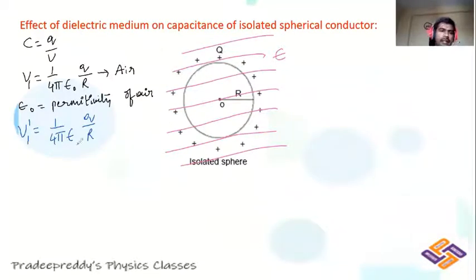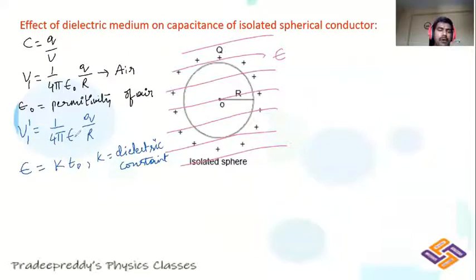Now, clearly, you can consider epsilon is equal to K into epsilon naught, where K is the dielectric constant.